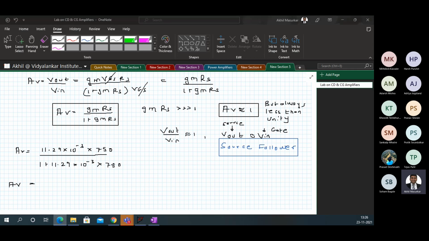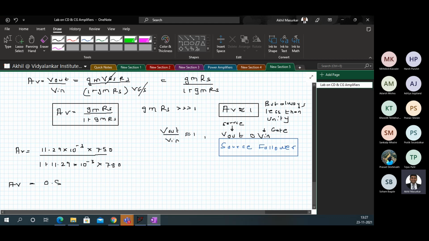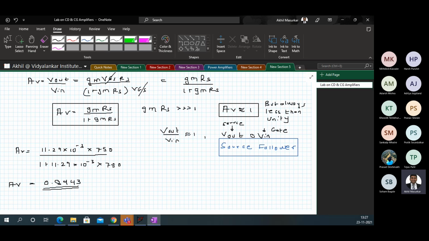It is 0.8943. That is correct. And all of you should observe that this value is less than 1 but close to 1. 0.89 is close to 1.